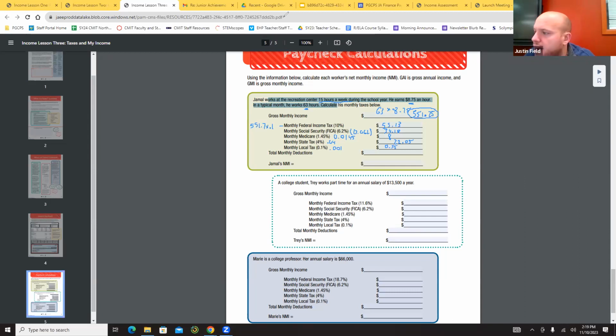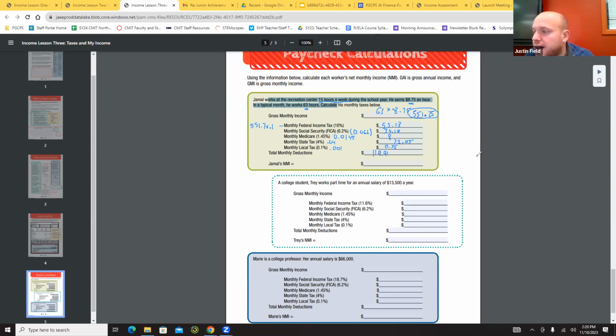And now we're going to add up those deductions to get our total. 55.13 plus 34.18 plus 8 plus 22.05 plus 0.55. So the total monthly deductions for Jamal are $119.91.